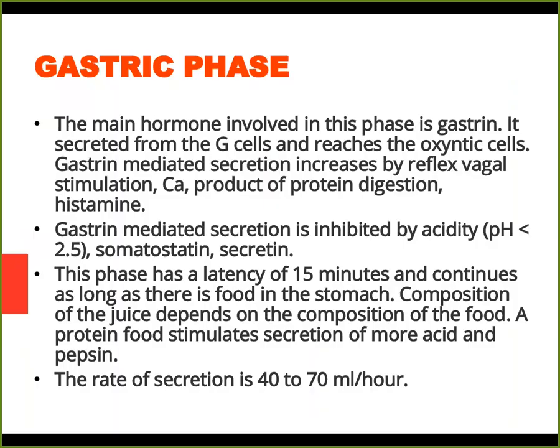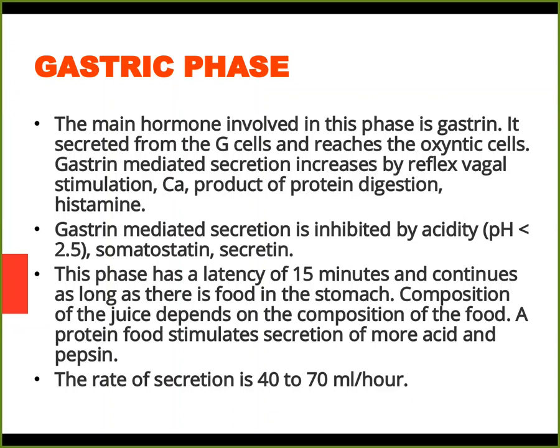The second stage is named the gastric phase, when the local nervous system together with hormonal regulation from ghrelin and gastrin production leads to additional production of a large amount of gastric juice.